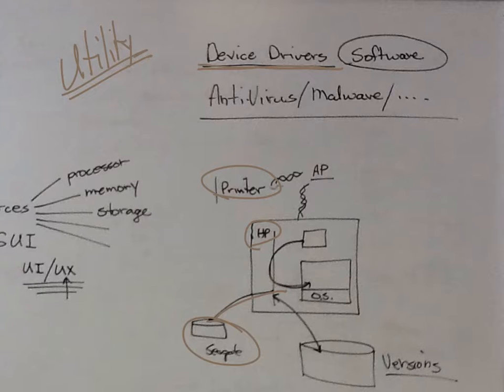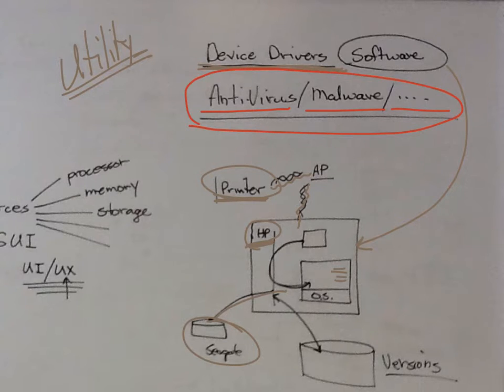Maybe you connect that to an access point which connects to your computer, but there is some software inside the computer running that allows one type of hardware to communicate to another type of hardware, and what makes that connection are device drivers. And then we also talked a little bit about how you should have antivirus software or malware software. Those would be utilities too. They're really not applications. They create some utility within the computer.